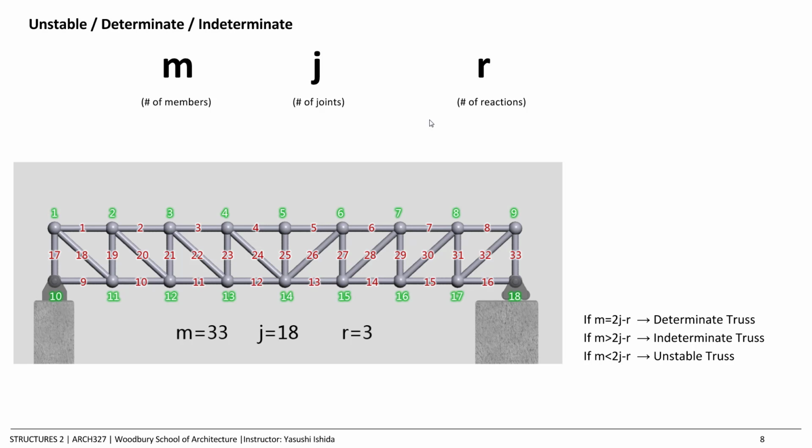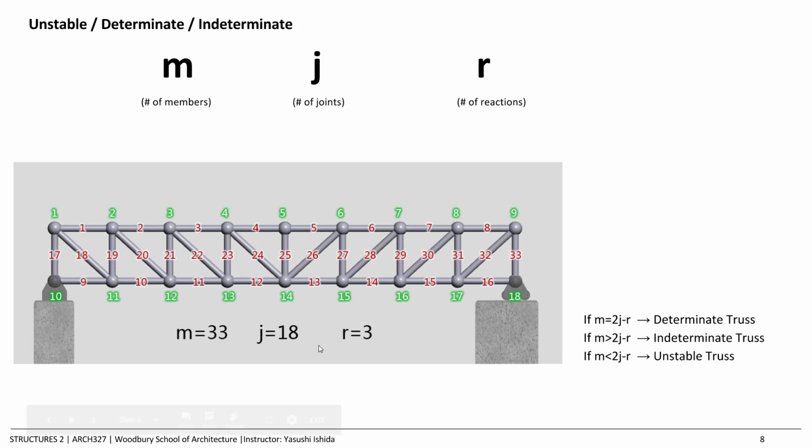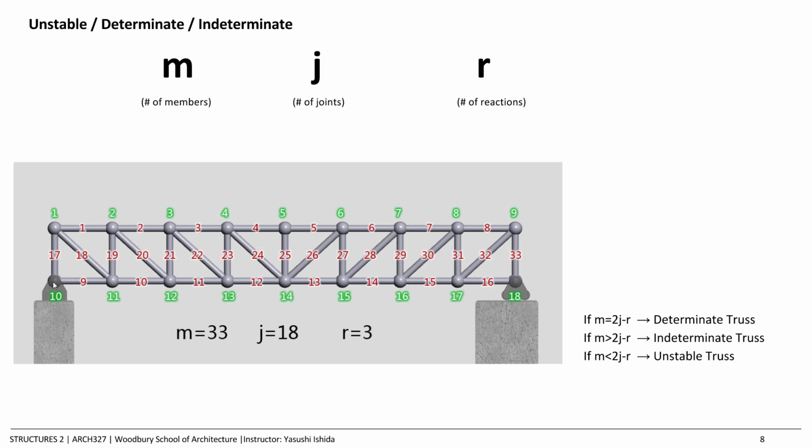So, reactions. How do we know how many reactions there are, and why are there 3 reactions on this truss? There are two support points for this truss.